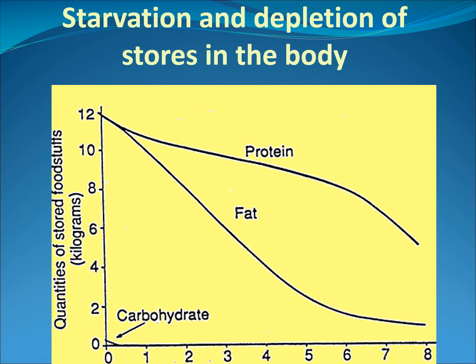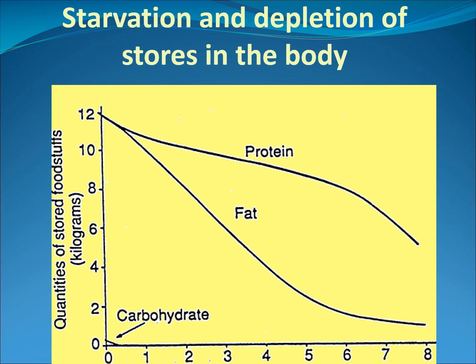Then we continue with consumption of fat stores and try to conserve protein stores. As you know, most of these proteins are functional proteins, and the body is trying to conserve the use of proteins for body energetics. So they are consuming more fat for body energetics.